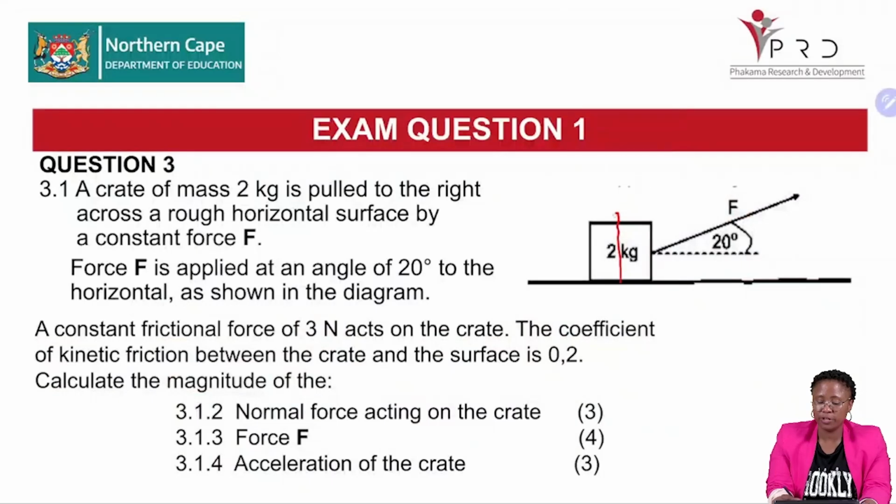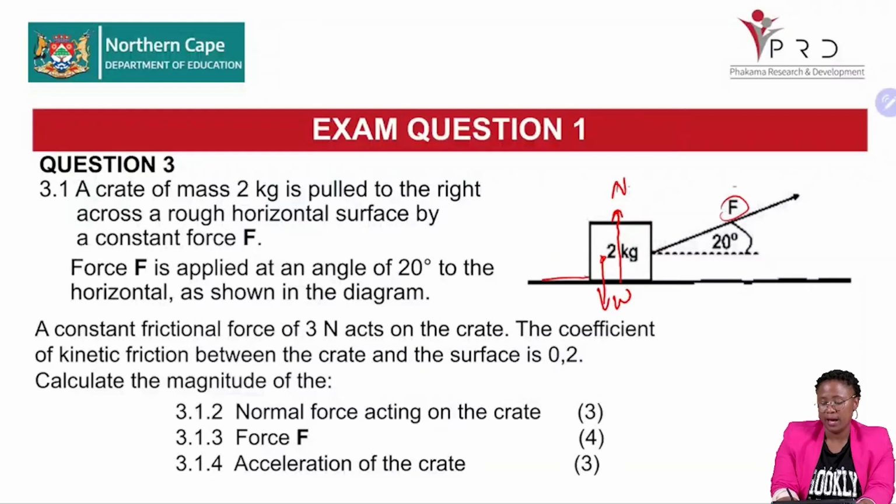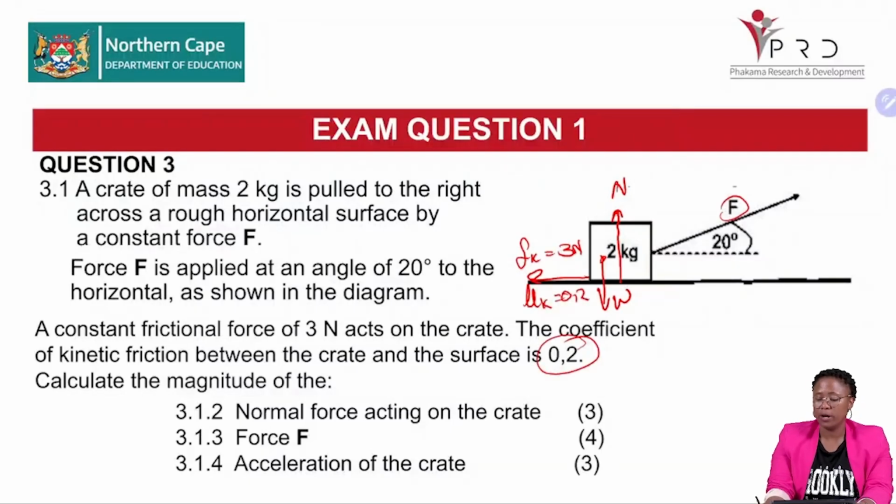So here I'm looking for F. I have the normal force, I have Fg, which is weight, I have the friction force, which they gave us as 3 newtons. I have the coefficient of kinetic friction, which I was given as 0.2. What else do I have? I know the components, the x component and the y component. The x component over here is F cos theta, while the y component is F sin theta.